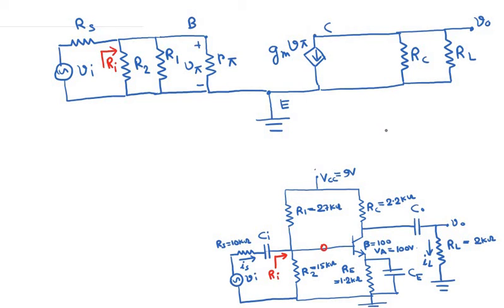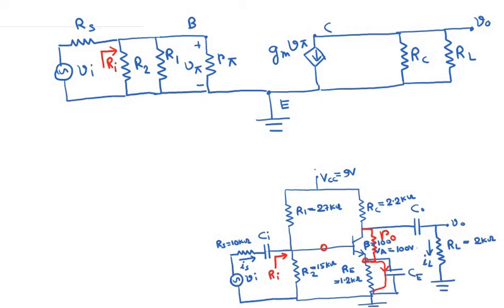Also, between the collector and the emitter, we have this small signal output resistance R0, which is connected between the collector and the emitter like this. As far as the AC frequency is concerned, the emitter is directly connected to the AC ground, since CE acts as a short circuit for the AC current or voltage.